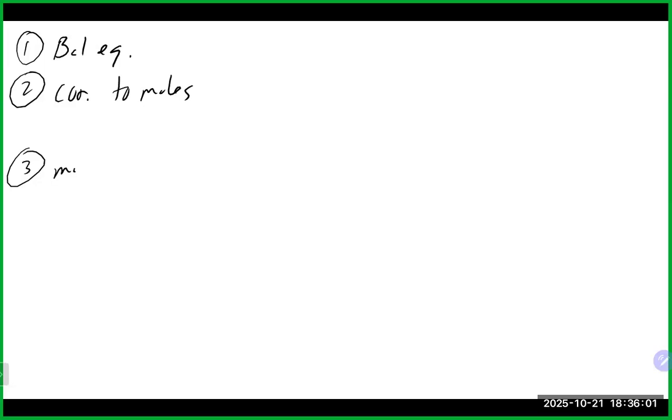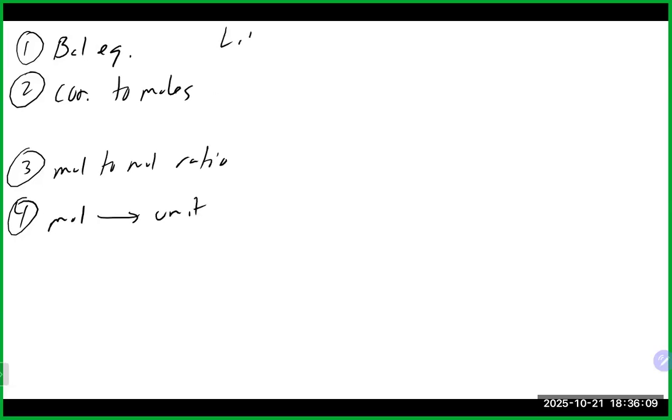To do these sort of limiting reagent problems, you could still follow our 4 steps, which is balance the equation, convert to moles, do your mole to mole ratio, and then obviously our moles to some other unit.